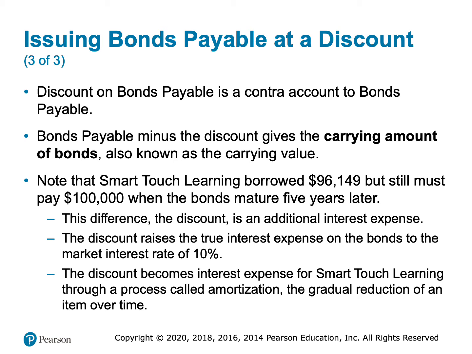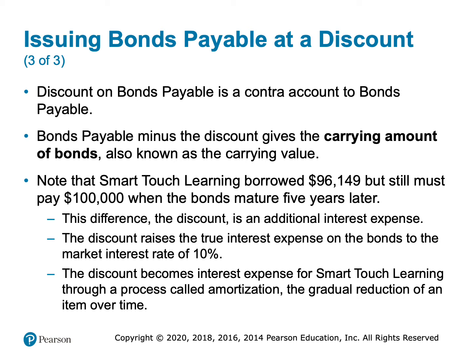So slowly, I'm going to have to amortize the discount to make it go from 3,851 debit to 0, which is going to make my balance sheet go from 96,149 carrying value to 100,000, so that when I pay back the bond at maturity, the discount is 0 and the carrying value is exactly the amount that I have to pay back. So that process of making the discount go from 3,851 to 0 is what we call amortization.